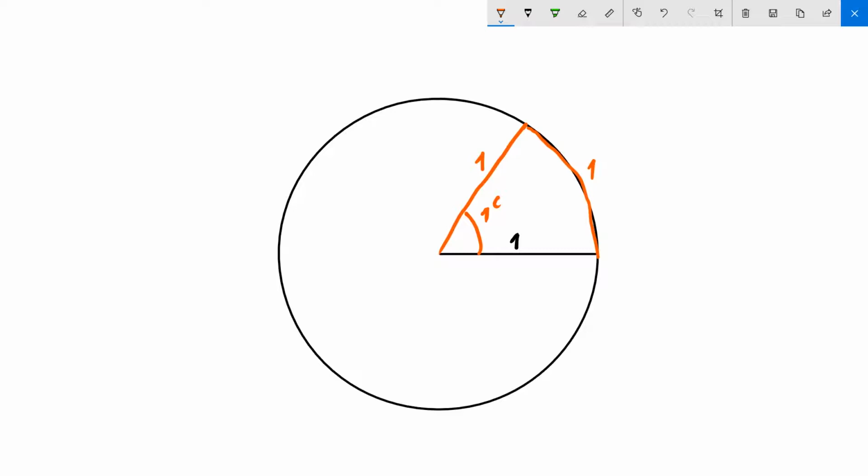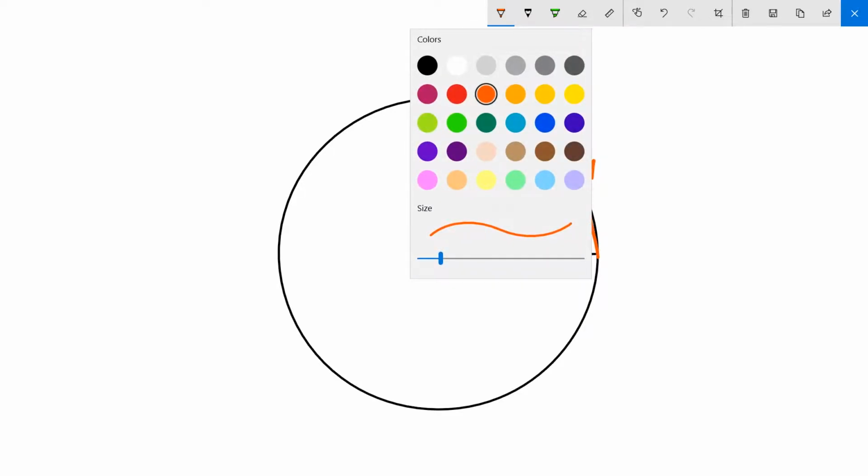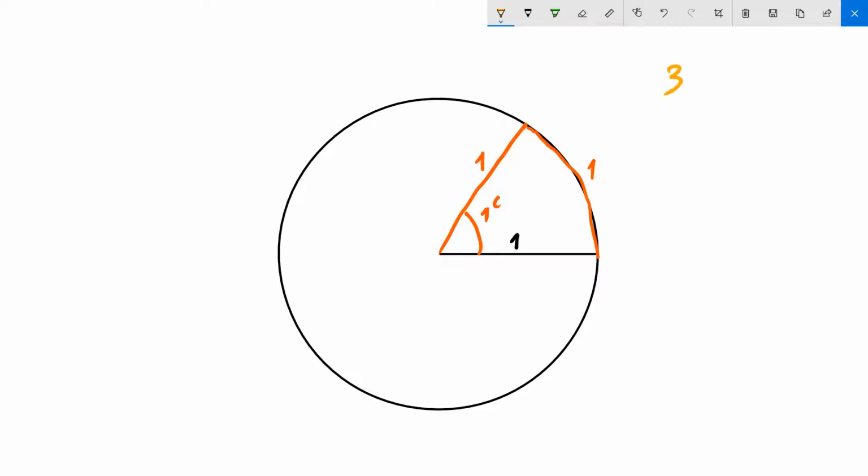You'll see why radians are important later on, but what about a full circle? In degrees we have 360 degrees, and we have this little circle symbol here.